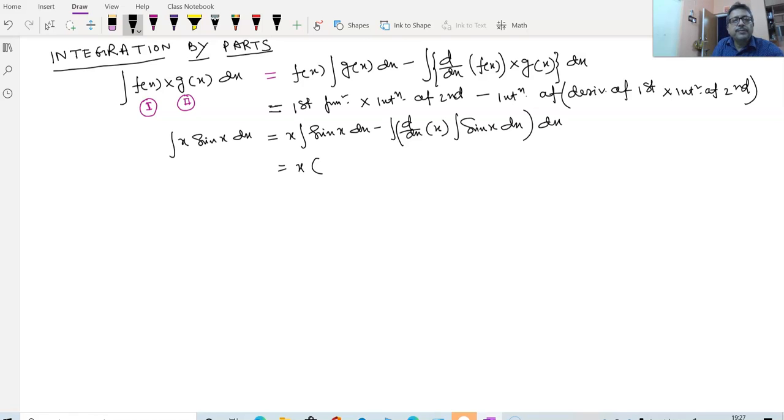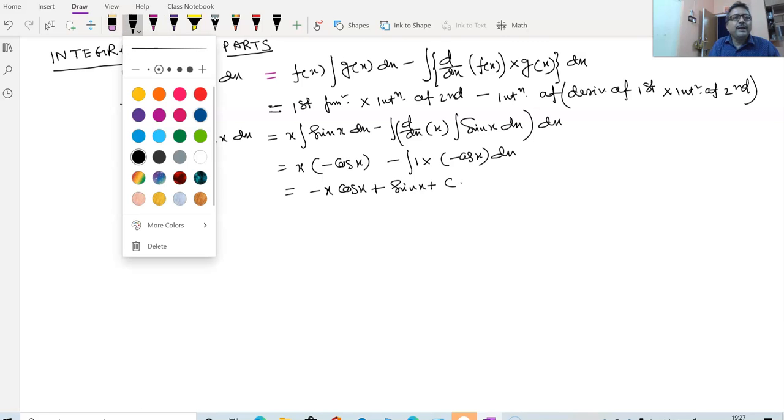The integration of sin x, all of you know, is minus cos x, into minus cos x dx. This plus cos x will be there, so it is minus x cos x plus sin x plus c.